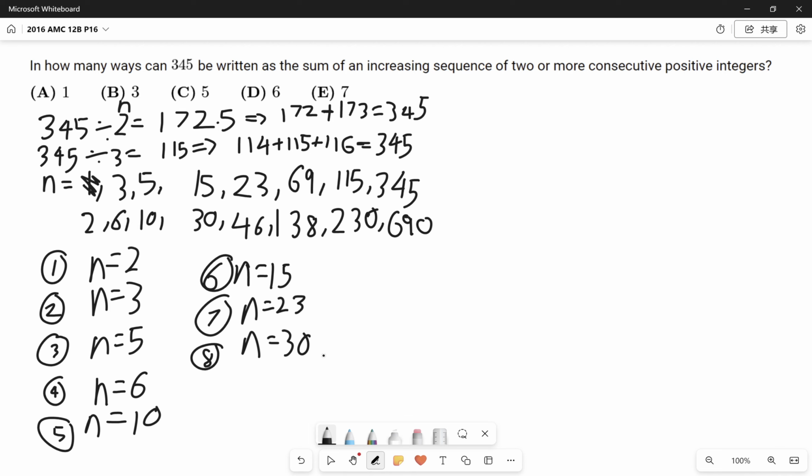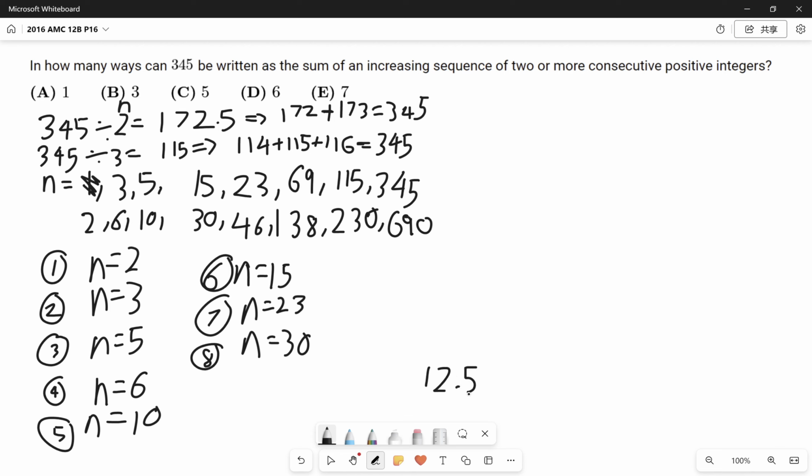But the problem comes in case 8. When n equals 30, 345 divided by 30 is around 12.5.